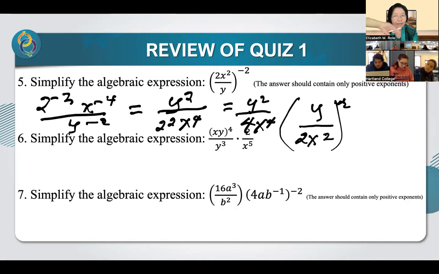So you get the reciprocal: put the bottom up and the top to the bottom, and change your exponent to positive. So that your answer will now be y squared over 2 squared x squared squared, which is 4x to the 4th.